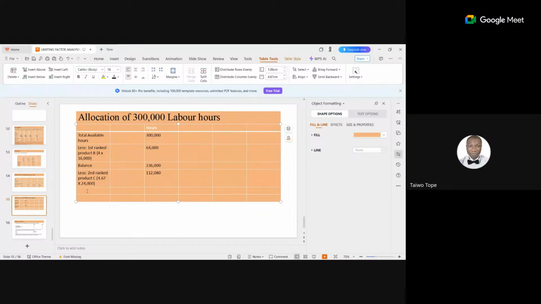When you less, the balance will now be 123,920.